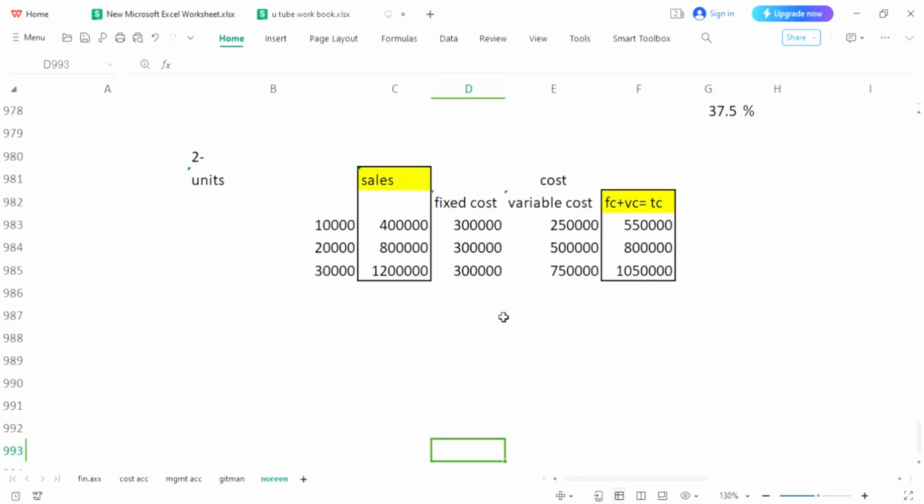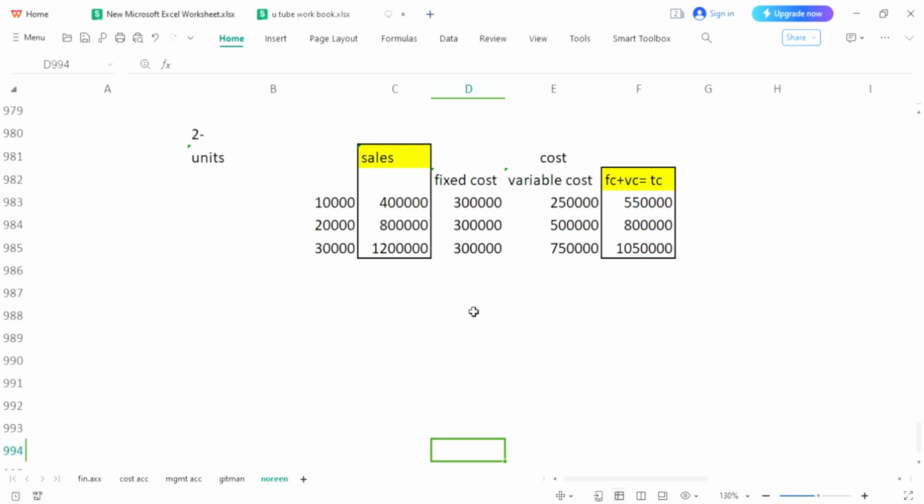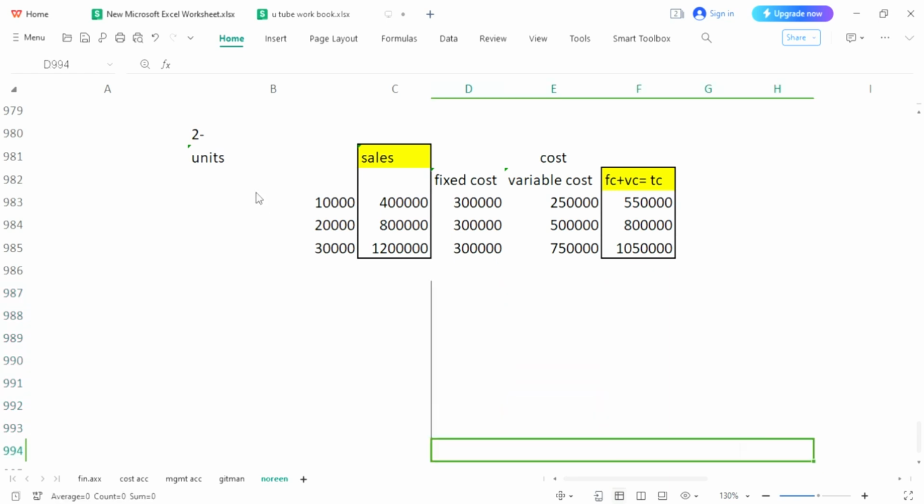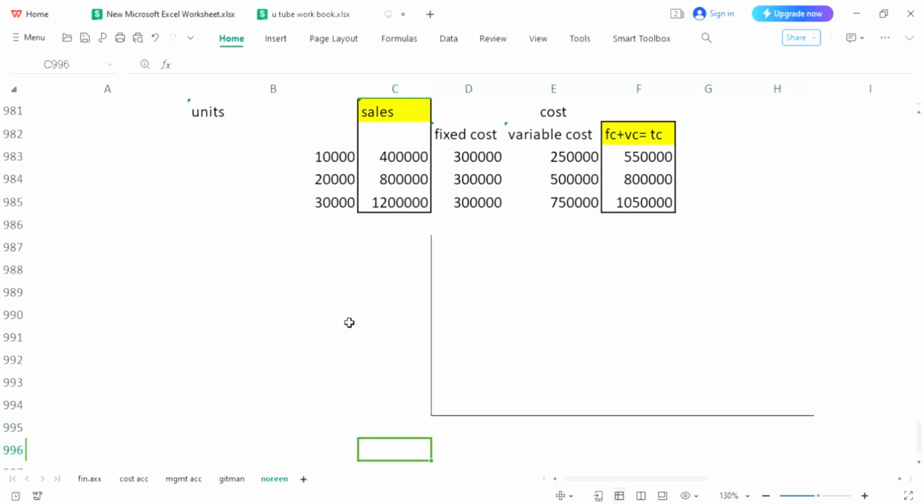And then finally, what you will do, here you can have your y-axis which will be made over here, and here you will have your x-axis. You will put a line over here. On the x-axis you will always have the number of units. So we have 10,000, 20,000 and 30,000.